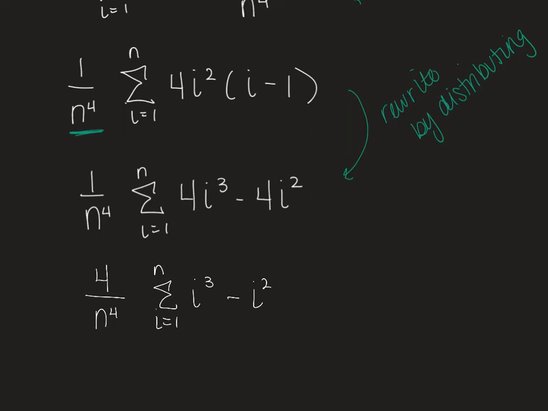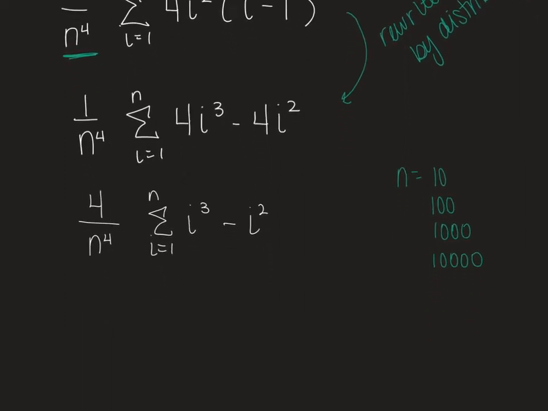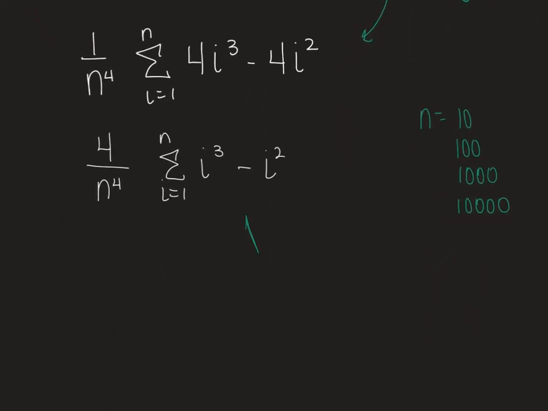So after it's all done, you're asked for n when n is 10, when n is 100, when n is 1000, and when n is 10,000. So what you want to do is, instead of having to redo your whole problem for each of these n values, you're going to apply your summation rules.